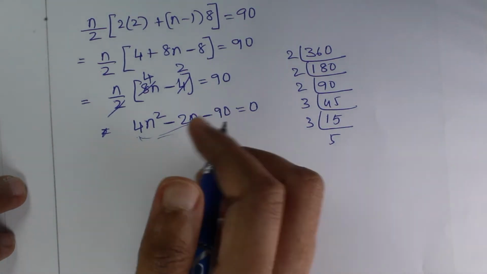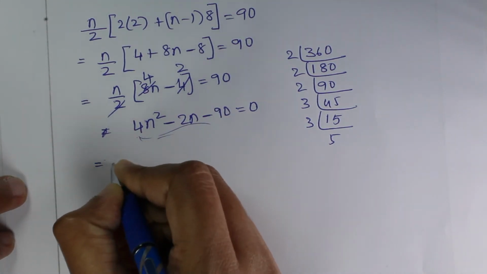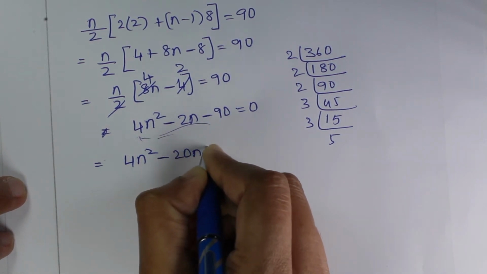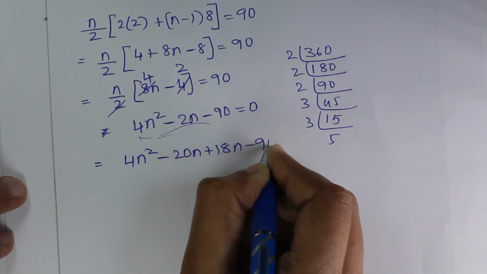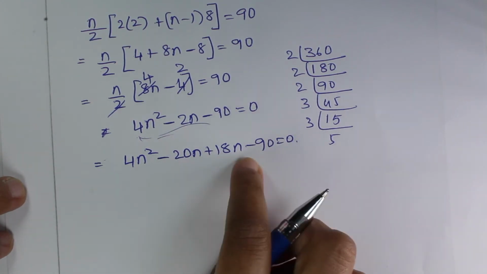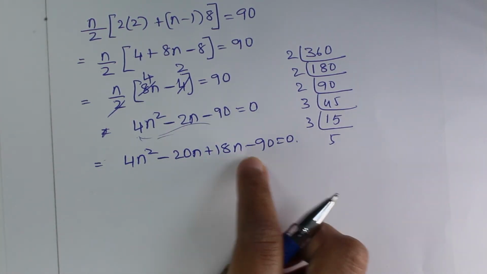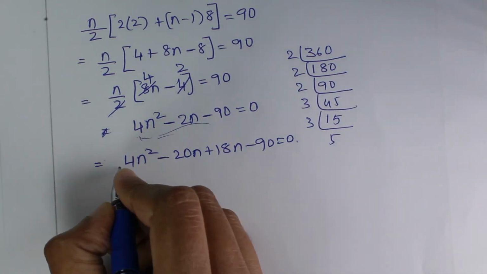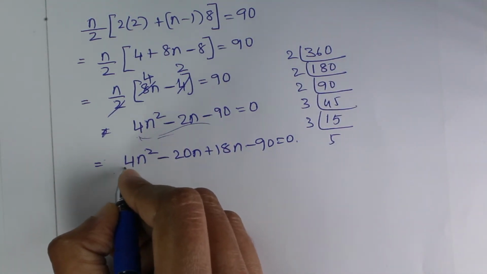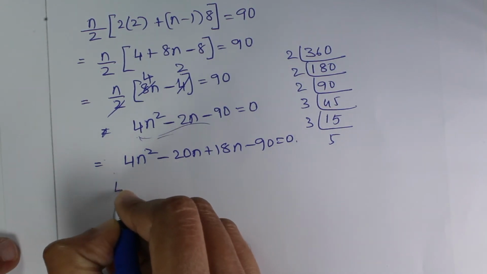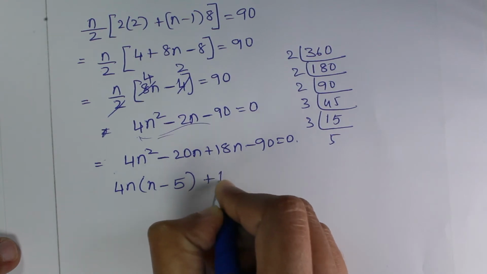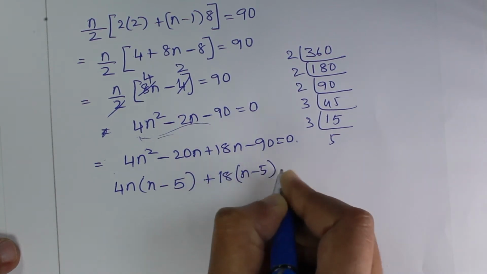Now I can write 4n square minus 2n as 4n square minus 20n plus 18n minus 90 is equal to 0. And minus 20 into 18 is minus 360. So this works. If I take 4n common, 4n into n minus 5 plus 18 into n minus 5 is equal to 0.